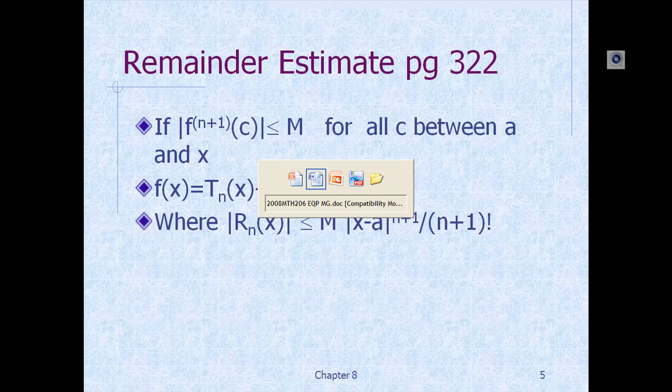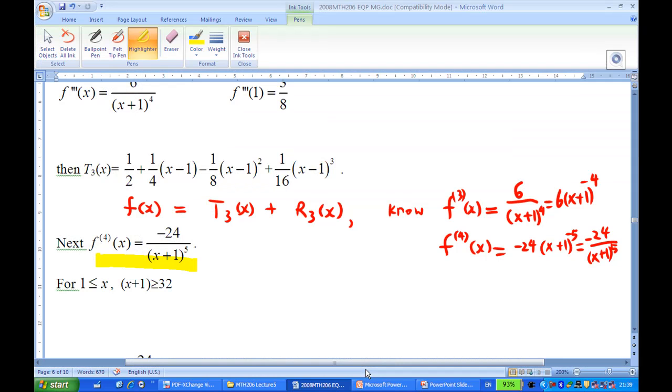And we say that x is more than 1 because our interval is from 1 to 1.5, since x is between 1 and 1.5. So x is more than 1, then x+1 is more than 2, so (x+1) to the power 5 is more than 32, right?